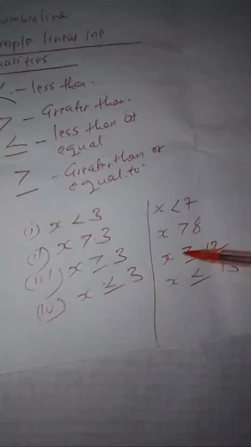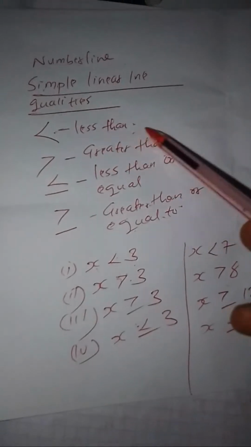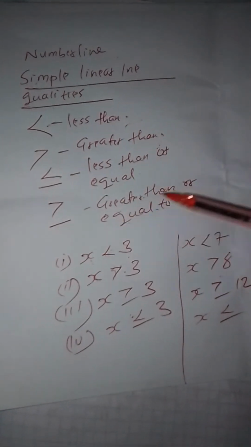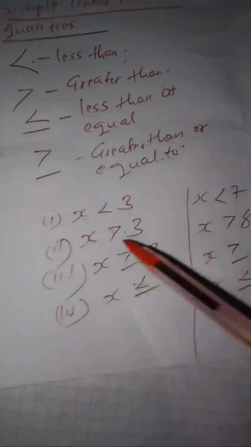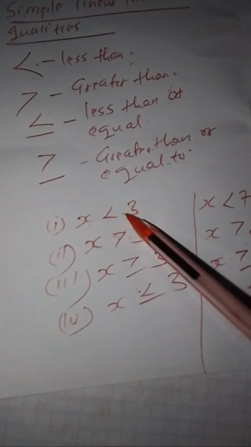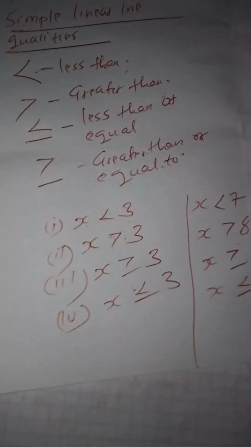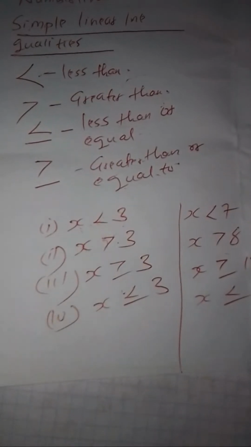As long as you know the symbols for less than, greater than, less than or equal to, and greater than or equal to, then these are the ones you can talk about.